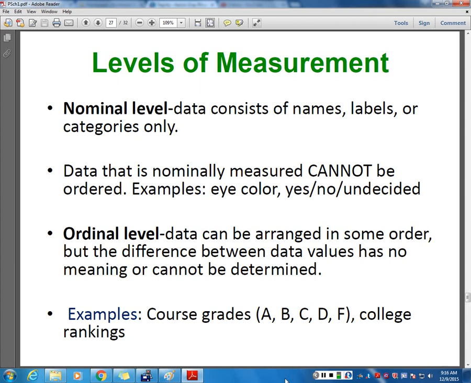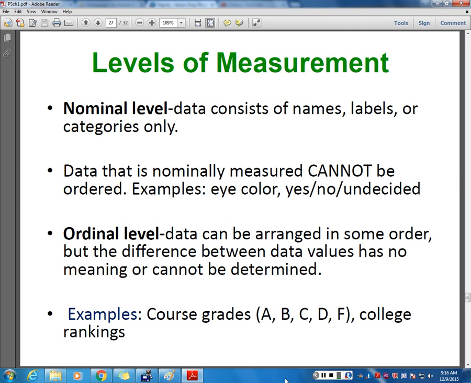But if I try to subtract A and C, there's no real mathematical way to find that difference. Now, if we were talking about course grades in terms of numerical grades, that would be a different story, but these are just course grades as letter grades.